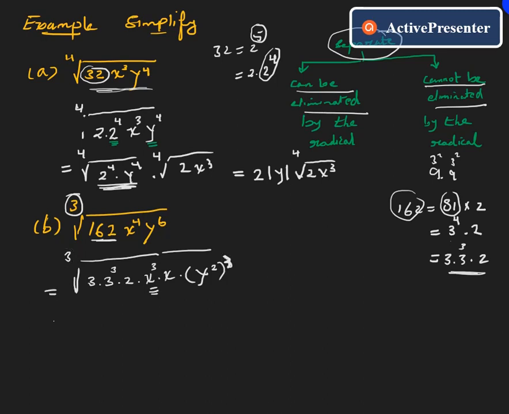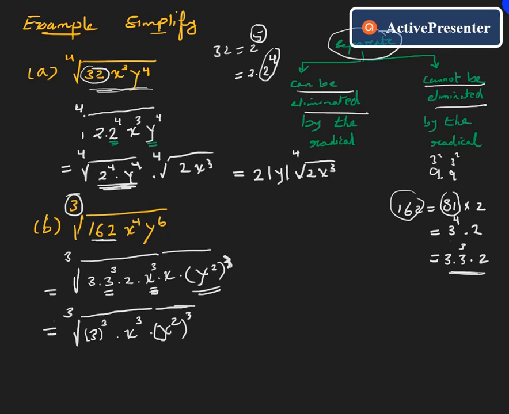So now, as we said before, we will gather those that can be eliminated and those that cannot. Those that can be eliminated: the third root of 3 to the power 3, x to the power 3, and y squared all to the power 3, of course. So 3 to the power 3 multiplied by x to the power 3 multiplied by y squared all to the power 3.